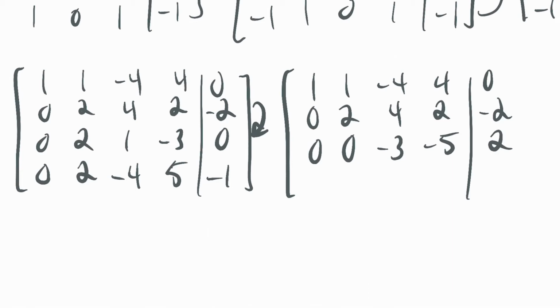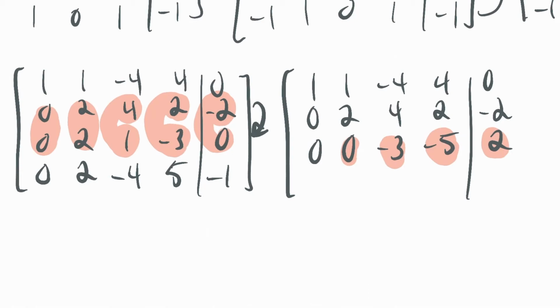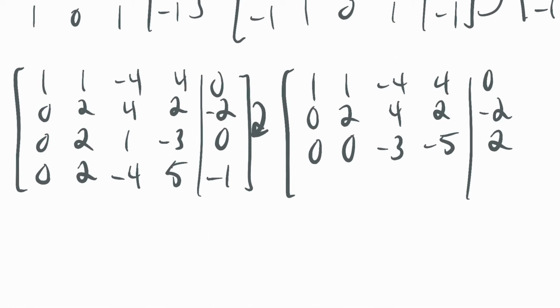To review this, make sure I'm not making a mistake. This, nothing happens. This, I get a 0 in the new position. 4 subtracted into 1 makes -3. 2 subtracted into -3 makes -5. -2 subtracted into 0 makes +2. Okay. And then the bottom row doesn't change at this step.